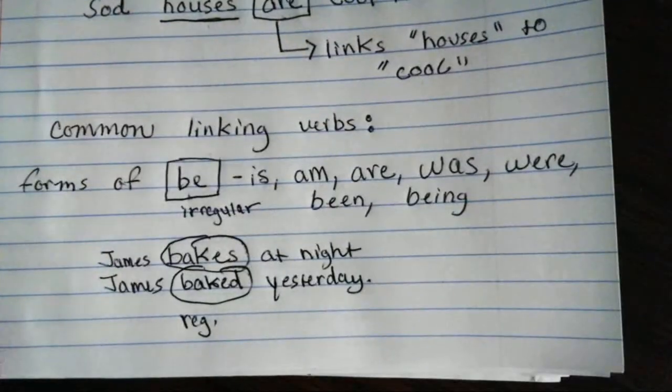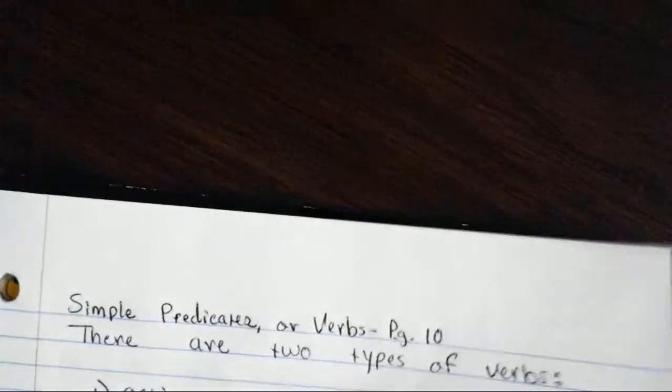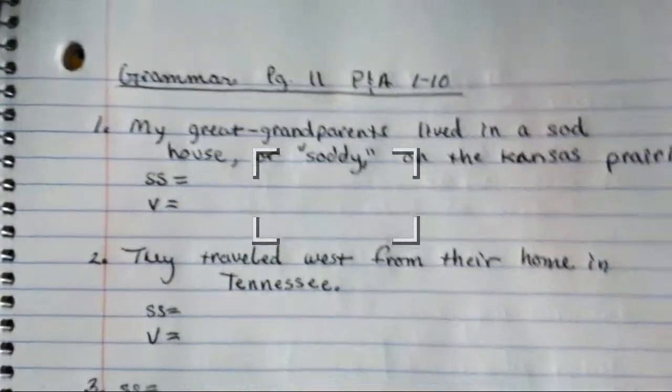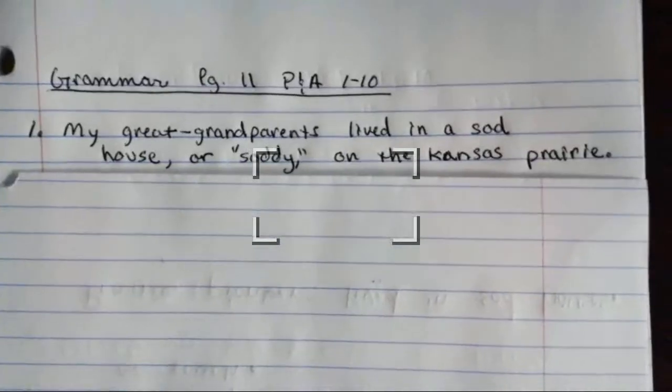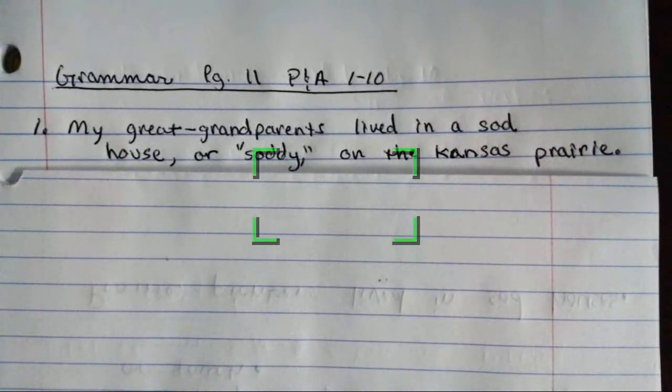So let's go ahead and take a look at your exercises. Grammar page 11, practice and apply 1 through 10. All right, so this is your first sentence. My great-grandparents lived in a sod house or soddy on the Kansas prairie. The first thing I want to do is find my simple subject. What is this sentence about?